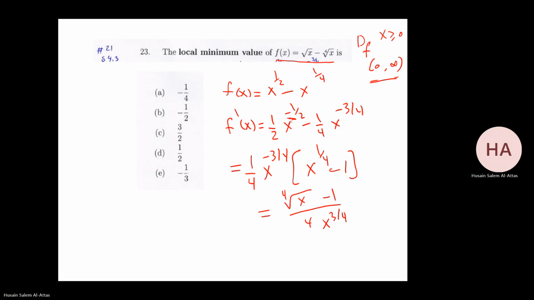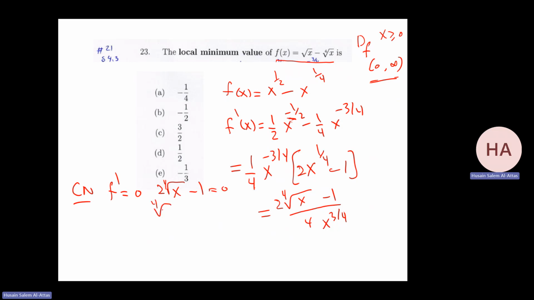So critical numbers, f prime equals 0. Sorry, there is a 2 missing: 2 times 1 over 4 is half, so I need the 2. So I have 2 times the fourth root of x minus 1 equal to 0.